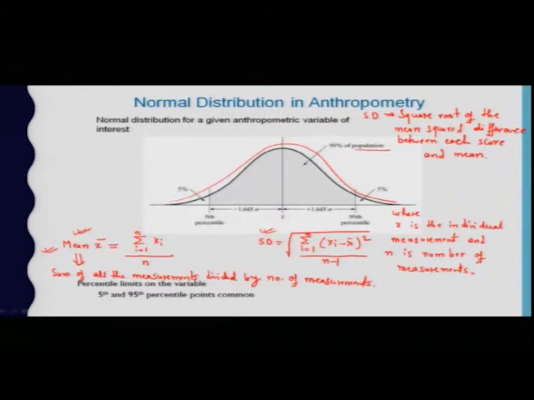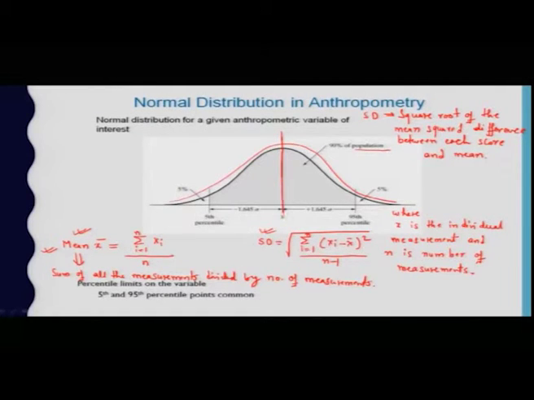So, here in this normal distribution curve, an important characteristic of this particular curve is that it is symmetric, as many observations lie above the mean as below it. So, the right of the mean is equal to the left of the mean.